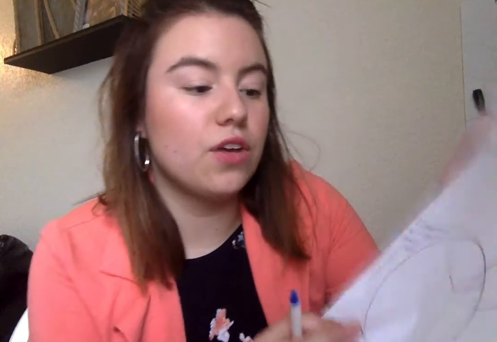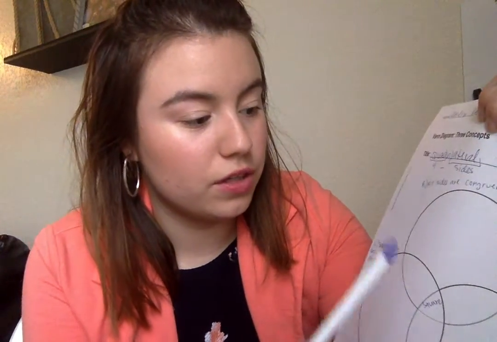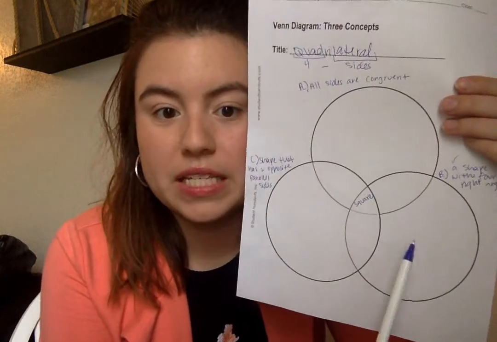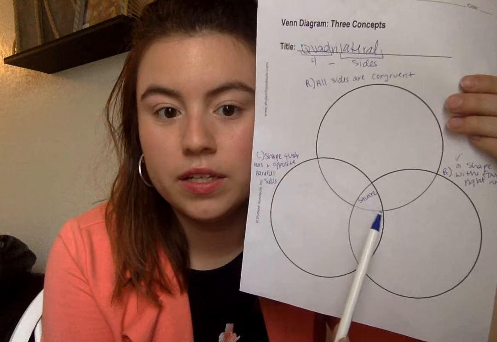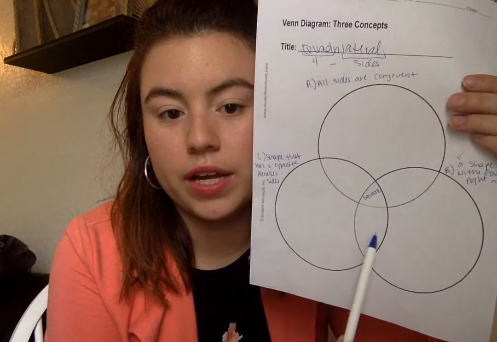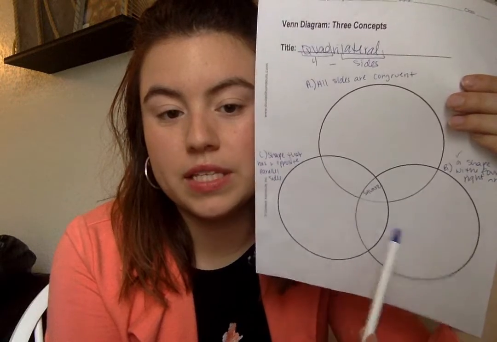So we know that a rectangle falls under category B and C, but not A. So we are going to find in the Venn diagram where it overlaps B and C, but not A. So we're going to write rectangle right here.